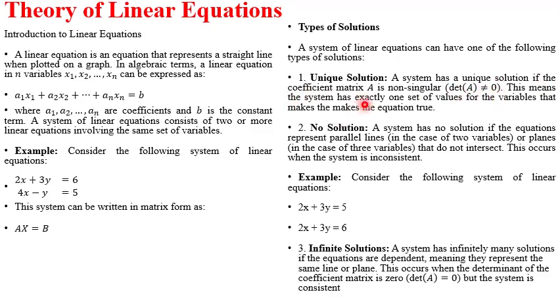So this means that the system would have only one set of values for the variables that makes the equations true. This is repetition here, please take note of that.